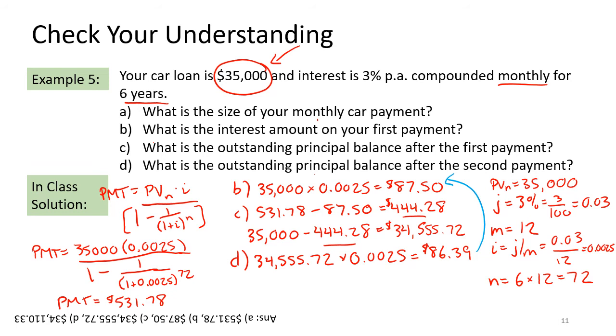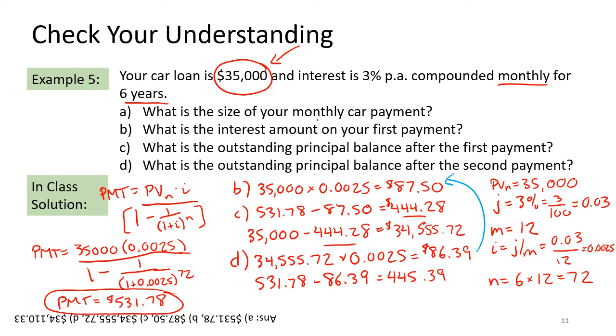And what that means is if we want to know how much we're paying off of our loan, all right, our payment doesn't change over the entire course of this loan. Okay, it's $531.78. But in this case, we're subtracting a lower amount of interest, $86.39. So in this case, for this payment, the amount of principal we're paying back is $445.39.